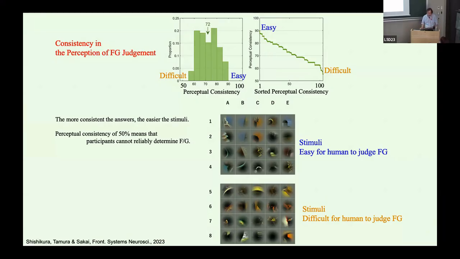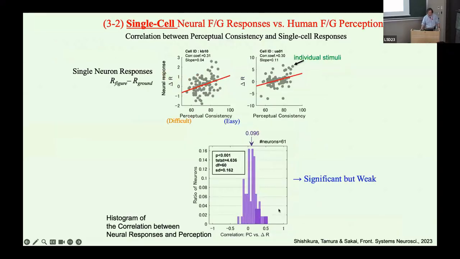Now, we want to examine whether neurons can easily judge these easy stimuli but have difficulty with these difficult stimuli. And here's the result. This slide shows a correlation between the perceptual consistency and the single cell response. The correlation was significant, but not really apparent.